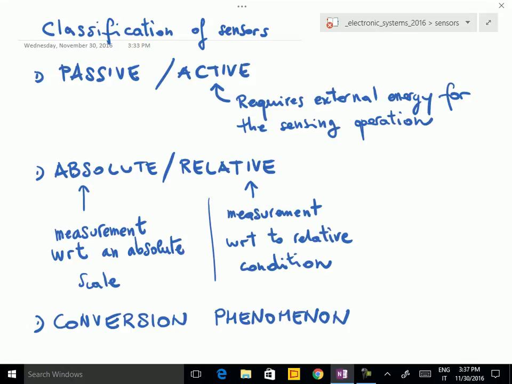Of course, different types of mechanisms, not only different types of quantities that we want to measure, but different types of mechanisms that allow us to convert the information from one physical form to another physical form. Okay. Even if the starting and final form are the same, the type of conversion can be different. Okay, we shall see some examples.